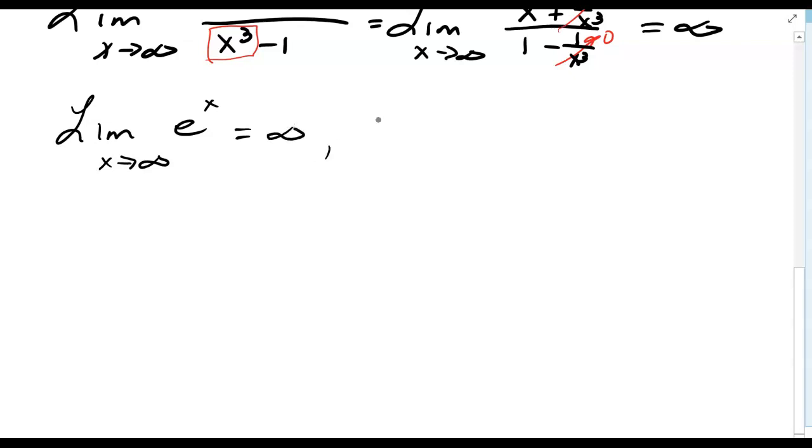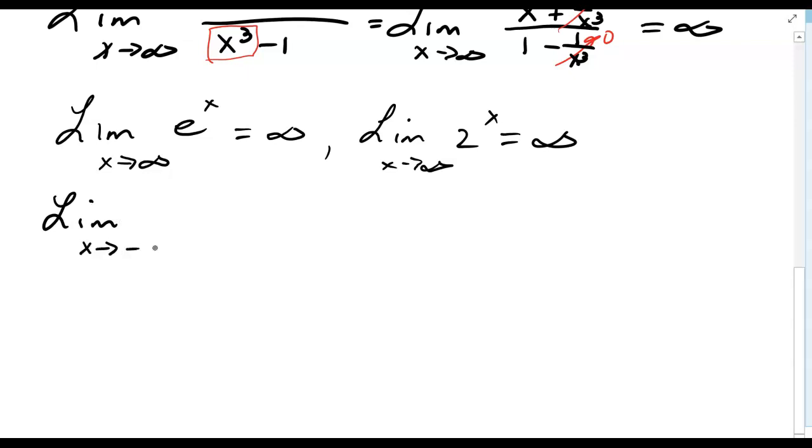And it doesn't matter if the base is e, the base can be any value, right? 2 to the x equals infinity. 3 to the x, 4 to the x, 5 to the x, anything to the x is going to equal infinity as x goes to infinity. So do make sure you know your various exponential functions.